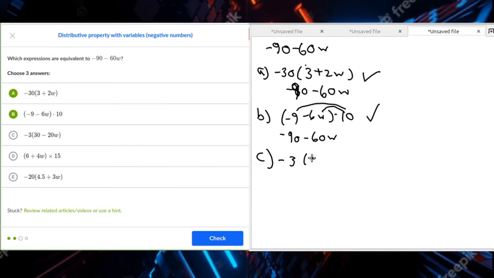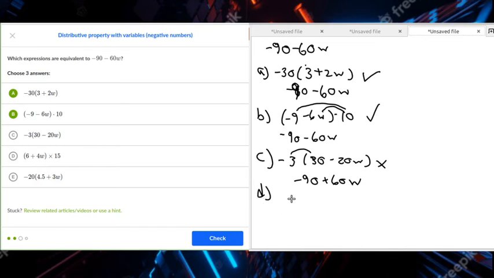Negative 3 times 30 minus 20w. So negative 3 times 30, we need to remember to carry that sign with it, is negative 90. Negative 3 times negative 20w. Negative times a negative is a positive. So that one is not right.